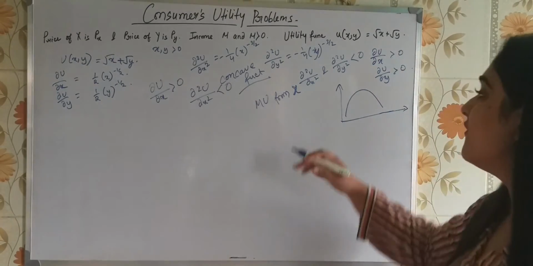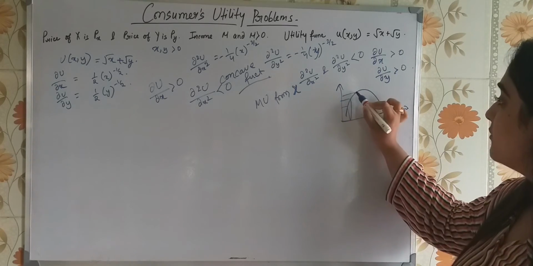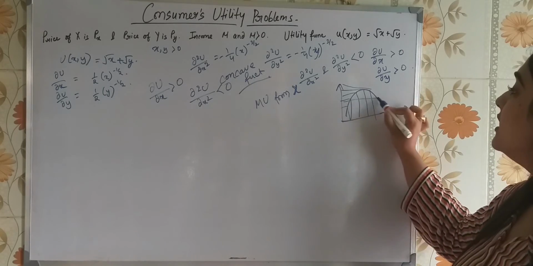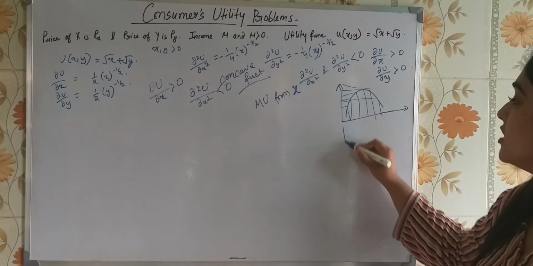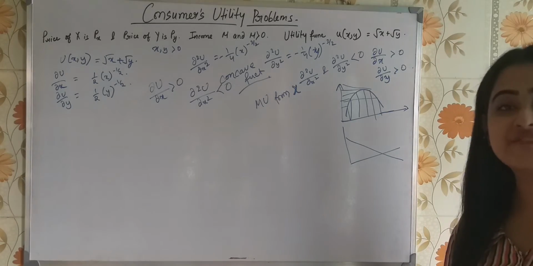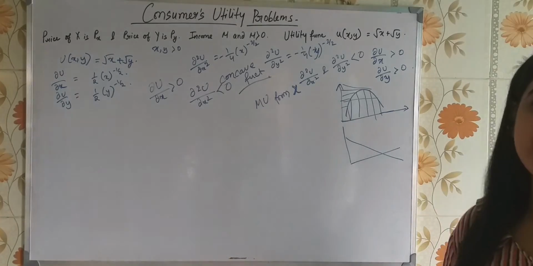So whenever you are consuming x, for every unit of consumption, the marginal utility is decreasing, and after some time it will become negative. So this whole thing is explained by the simple problem.